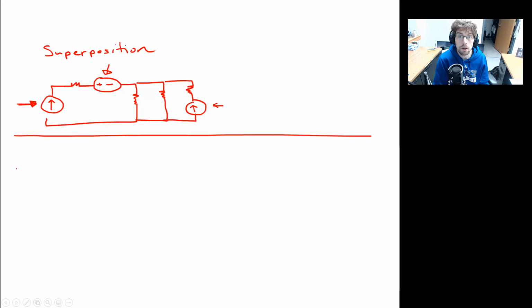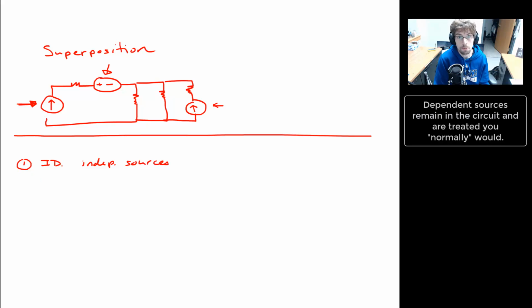So how do we go about applying this method of superposition? Well, number one, we identify our independent sources. That is the first thing that we need to do. This principle of superposition only applies for the independent sources.